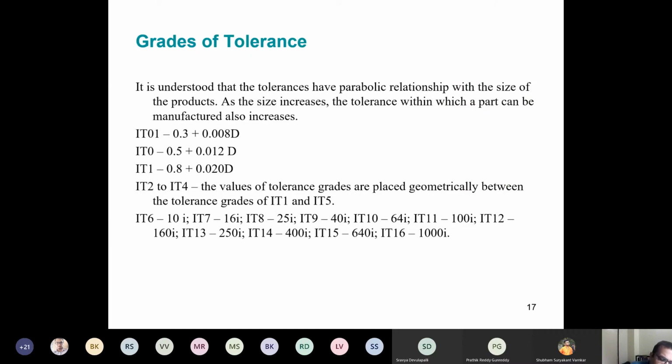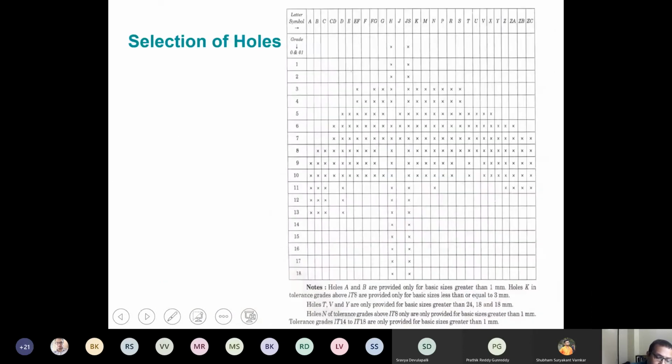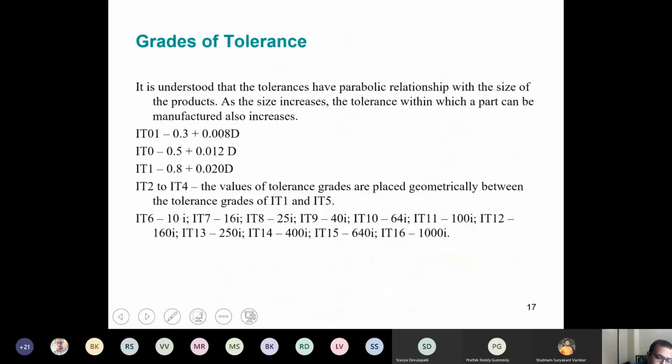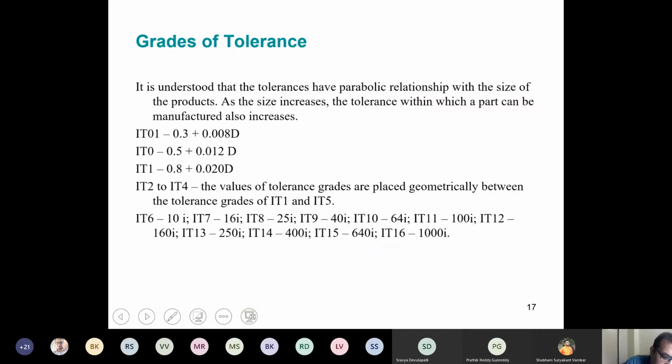So basically for every grade, IT01 is 0.3 plus 0.008D. Okay.